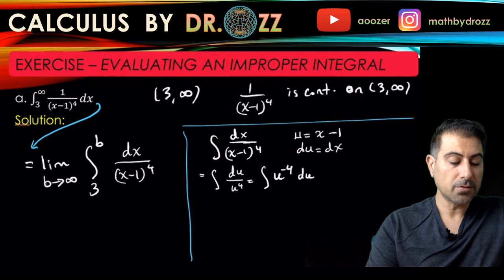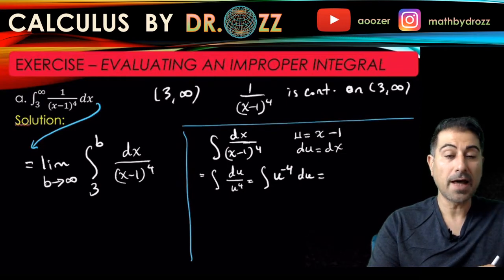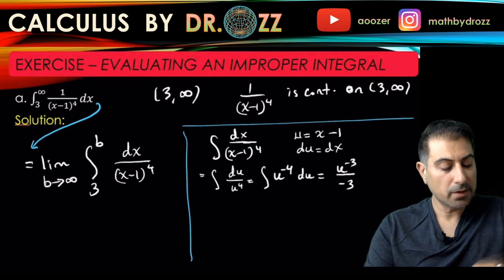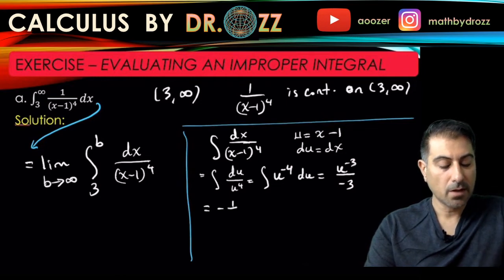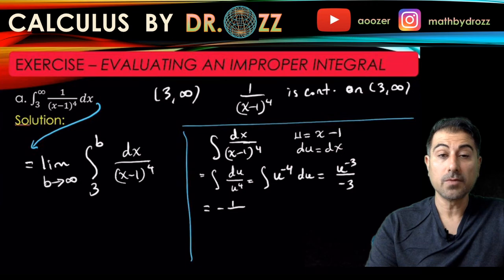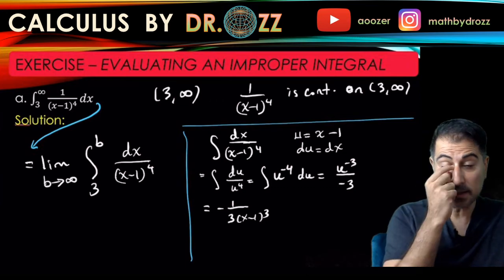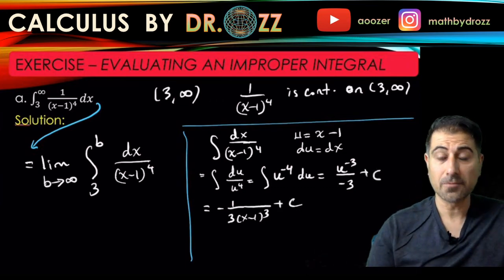So that's u to the minus 3 divided by minus 3. So that ends up being negative 1 over 3u cubed, which is negative 1 over 3 times (x minus 1) cubed. Okay, you can also put plus C. We won't need that, but just for your own reference.